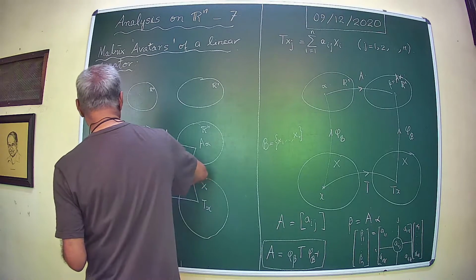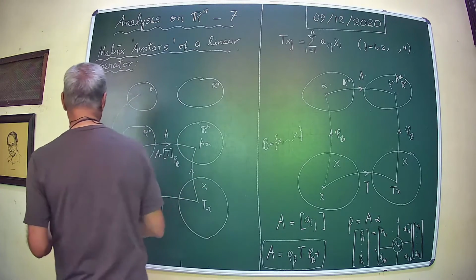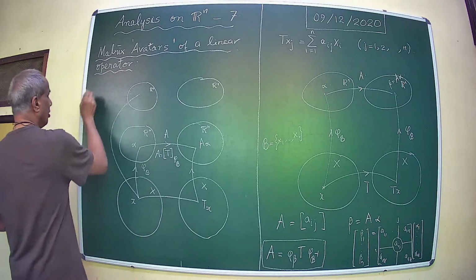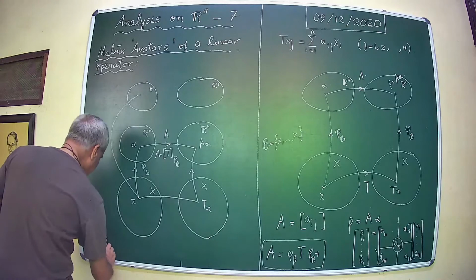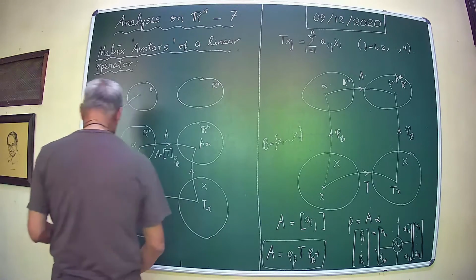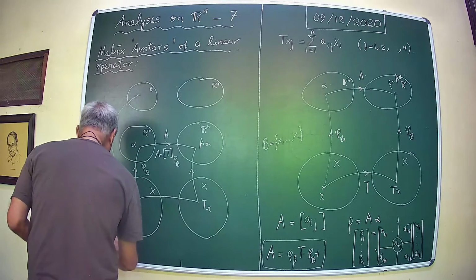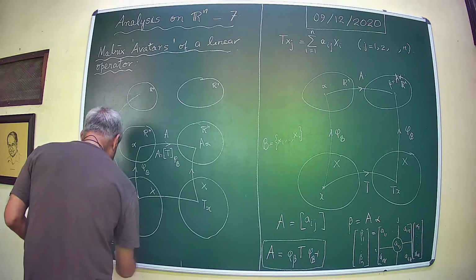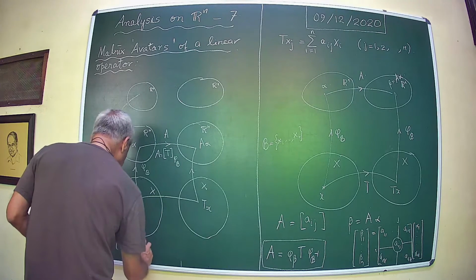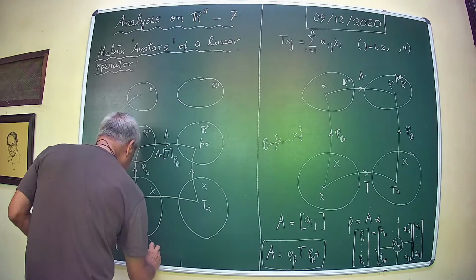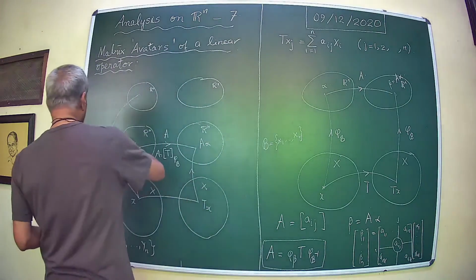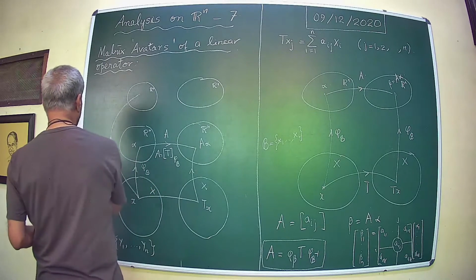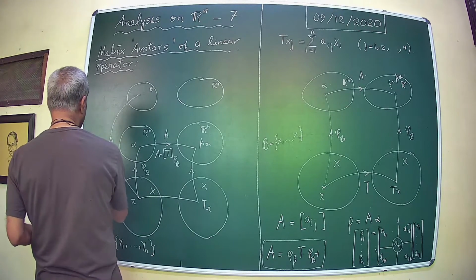I introduce another ordered basis. Let me introduce a new ordered basis, B prime, which we define as the ordered basis y1, y2, etc., yn. So I have now an isomorphism phi b prime.